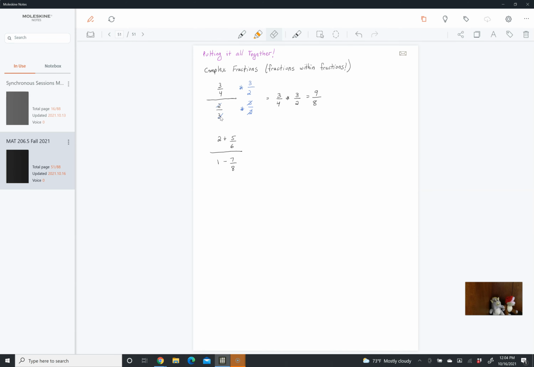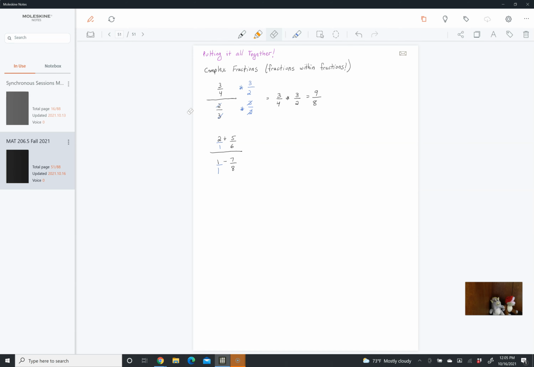Okay, well, how do we do this? We can work with both the numerator and the denominator simultaneously. First of all, when you see a whole number, put it over 1. The reason for doing that is just because we're dealing with fractions and it makes it a lot more visually pleasant if you have fractions all the way through, instead of your whole numbers.